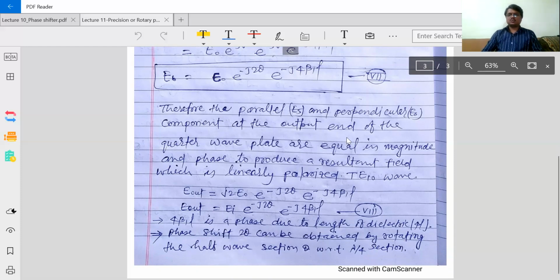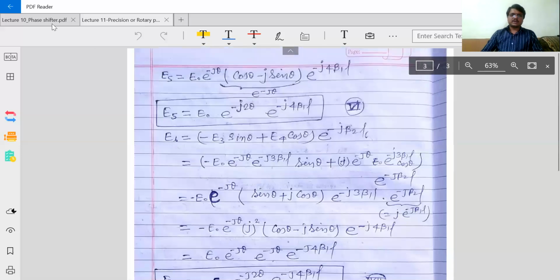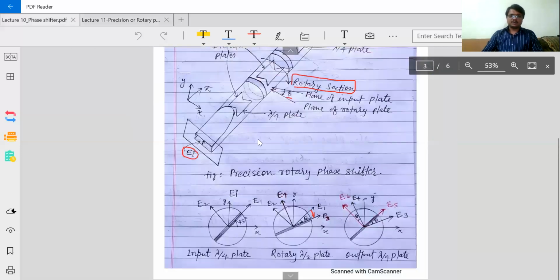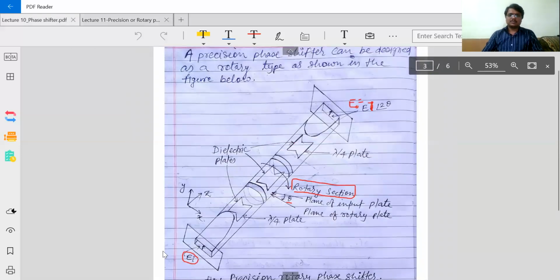I think you must have understood that when we give the input Ei here, the output E out will be equal to Ei angle 2 theta, and this theta is the rotation of this rotary section. So this is a very simple and very accurate method of getting the desired phase shift.